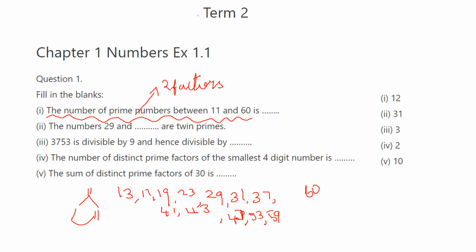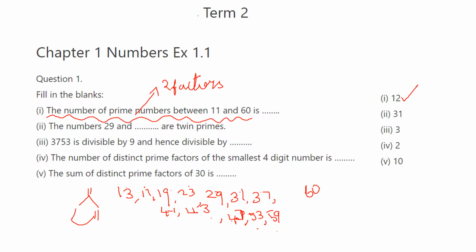So count it. The number of means we have to count the total. 1, 2, 3, 4, 5, 6, 7, 8, 9, 10, 11, 12. So the answer is 12.